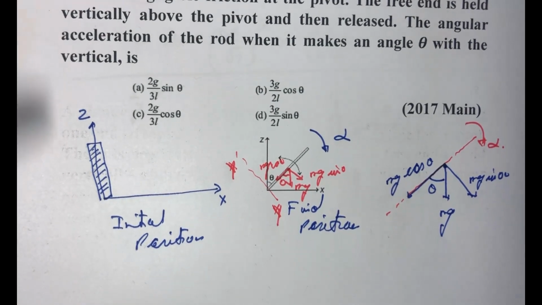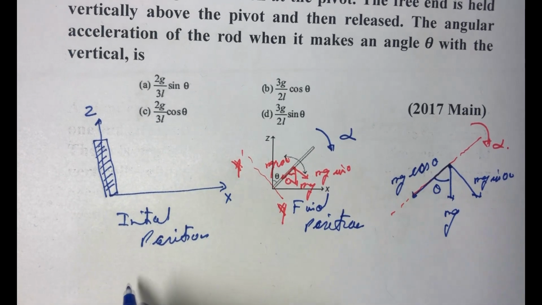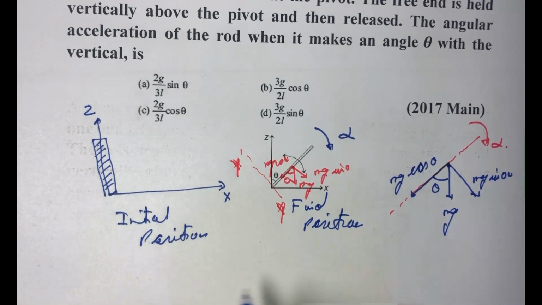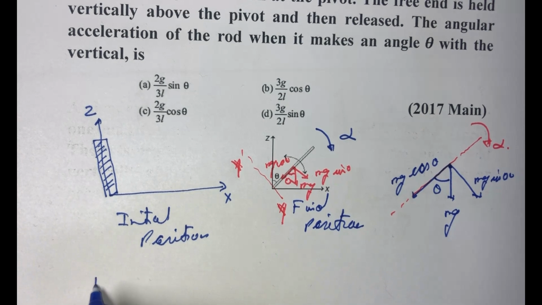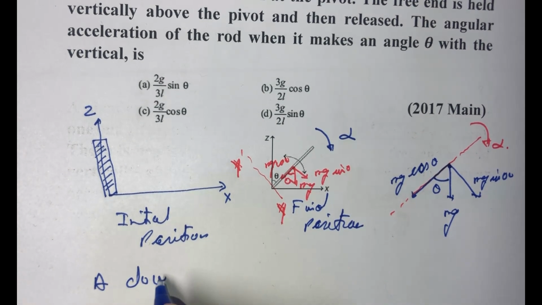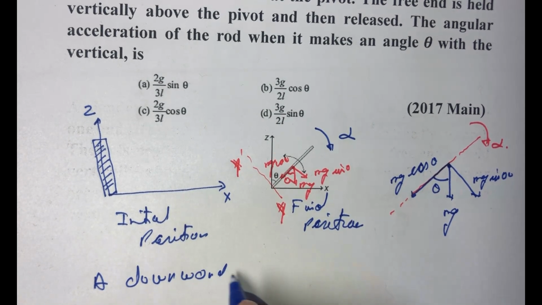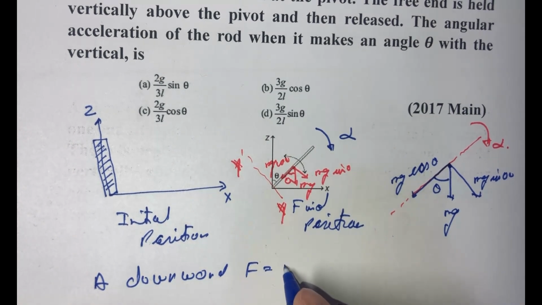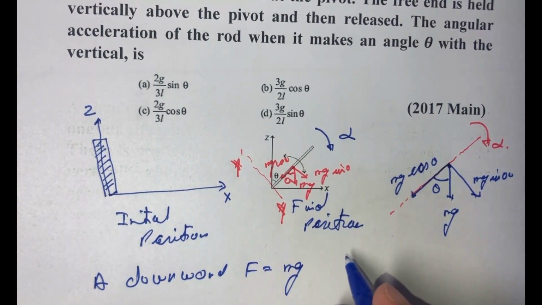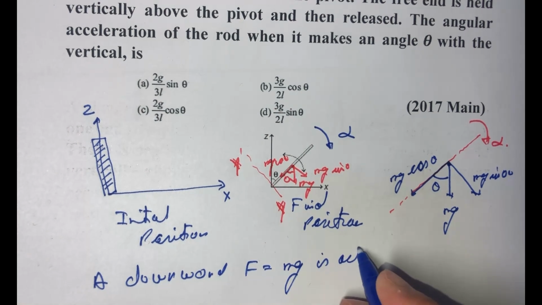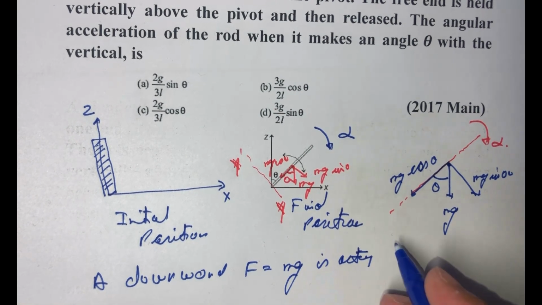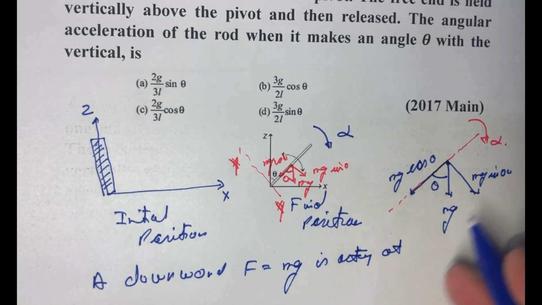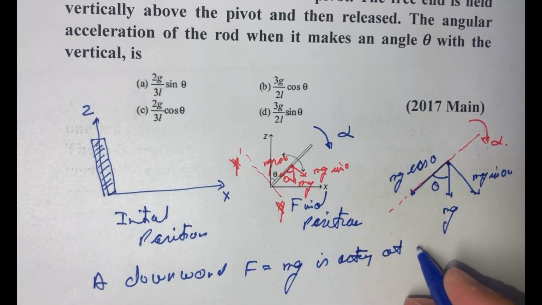Therefore, we can say that a downward force F, which is equal to mg, is acting at, you can say, the center of mass.